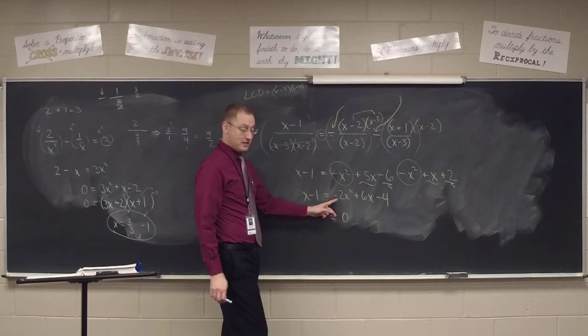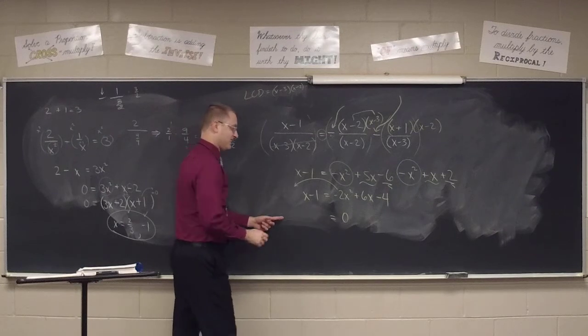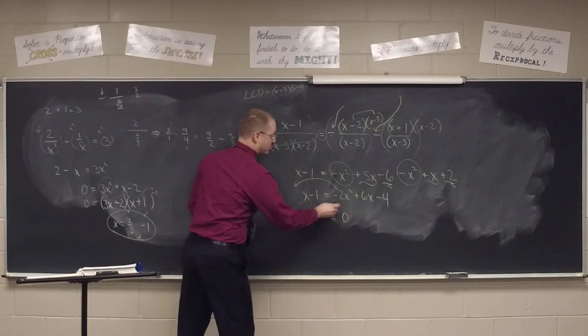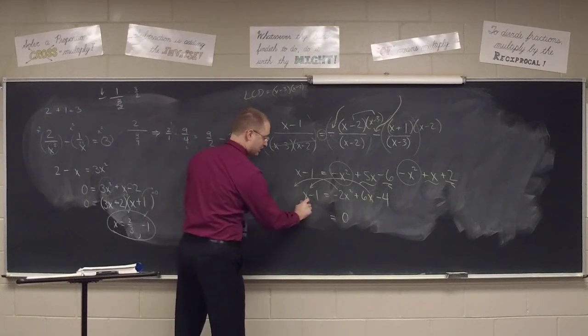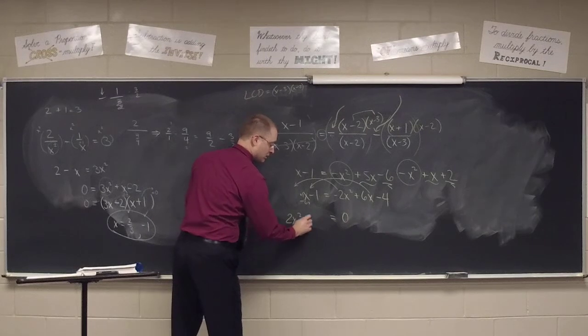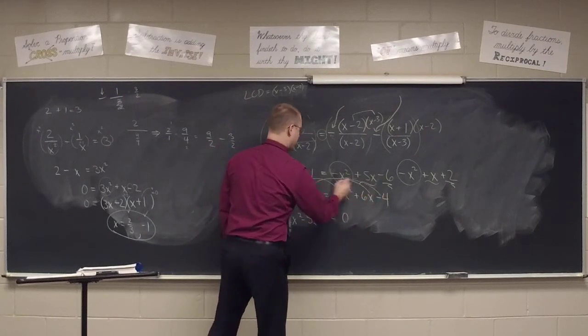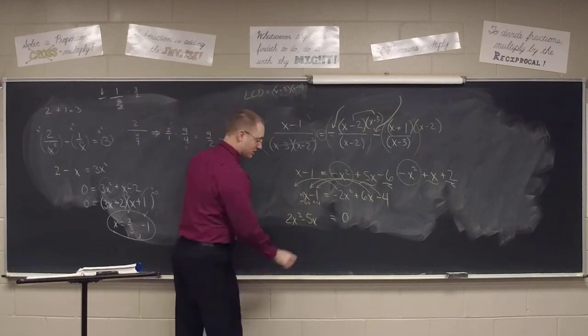No. How do I make it positive? Switch it. Move it over, right? And that becomes then 2x squared. That means we also have to bring the 6x over as a negative to get negative 5x, and I also have to bring the negative 4 over here as a positive to get positive 4.